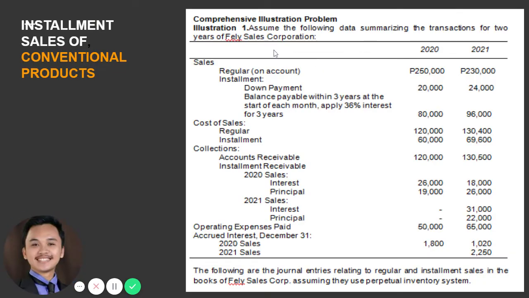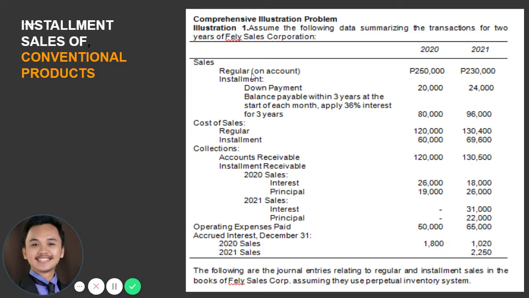For example, we have Feli Sales Corporation, which uses the installment sales method and provides installment sales to its customers. We have here the years 2020 and 2021, but we will account first for year 2020.